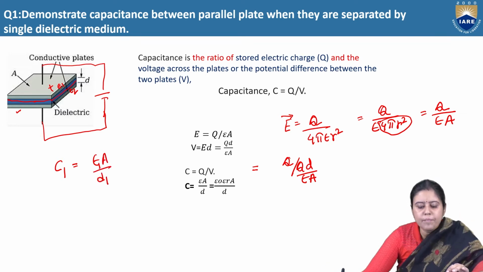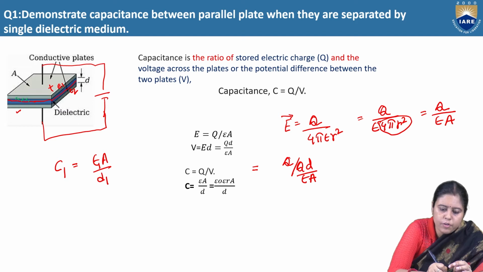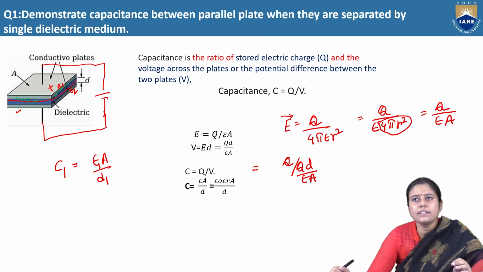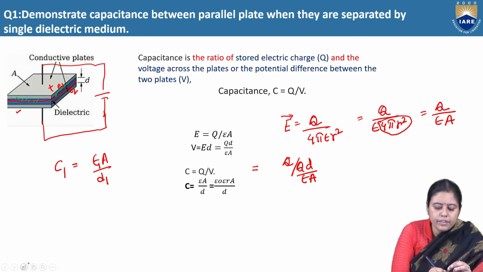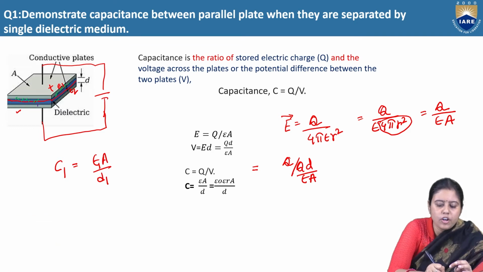Epsilon 1 is the permittivity of one medium. Say this green one is medium one, so epsilon 1 is medium one. And we are assuming the purple one is epsilon 2.